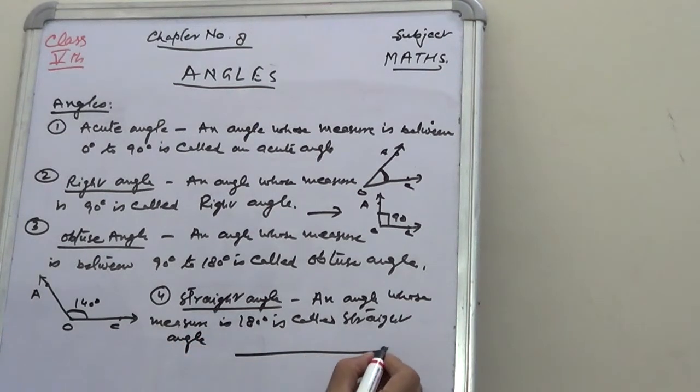A straight angle is like this. Starting from here and making an angle of 180 degree. This is a straight angle.